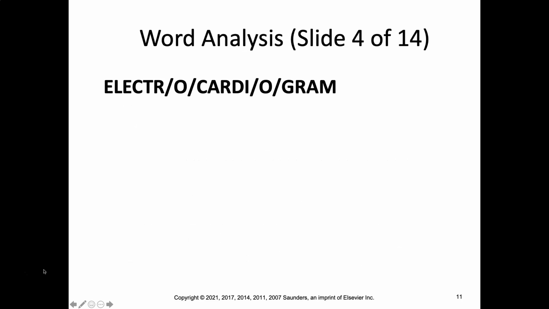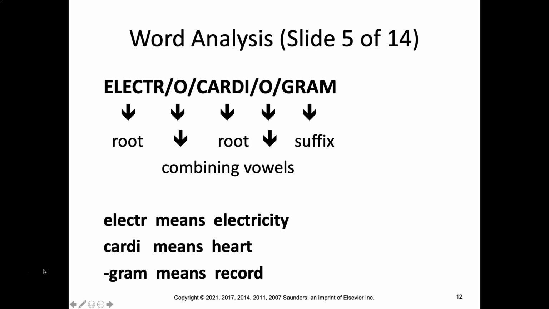So let's take a look at electrocardiogram. We have electr, which is the root. We have O, combining vowel. Cardi, which is another root. And then we have O for combining vowel. And then we have gram for suffix. So if we read it, again, back to front, it is a record of the heart's electricity, or record of the electricity of the heart, whichever way you want to put it, but you always read back to front.